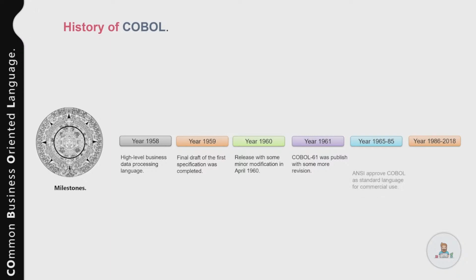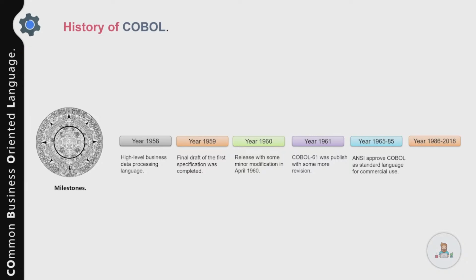In 1965, a revised version of COBOL was released with a number of additional features. However, it was only in 1968 that COBOL was approved by ANSI, that is American National Standards Institute, as a standard language for commercial use.